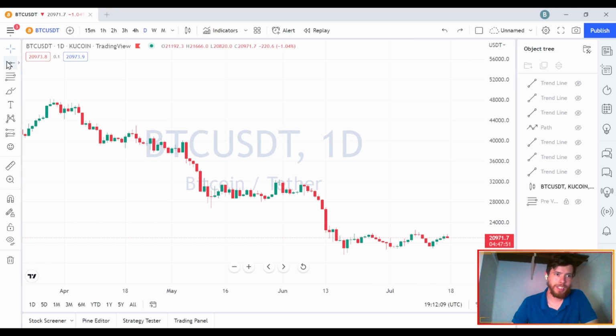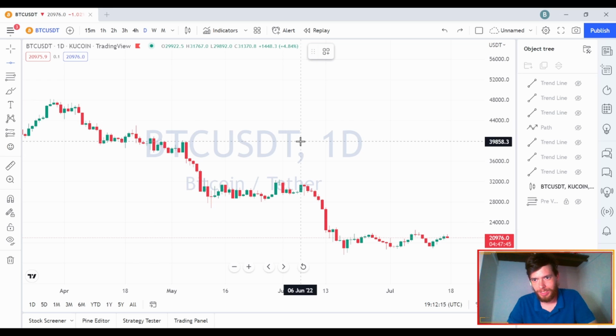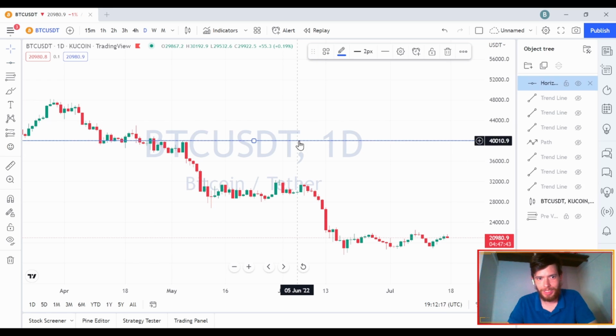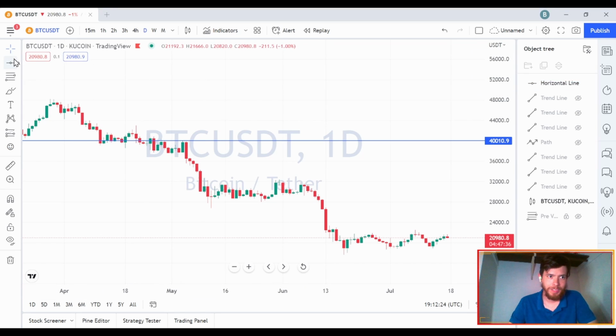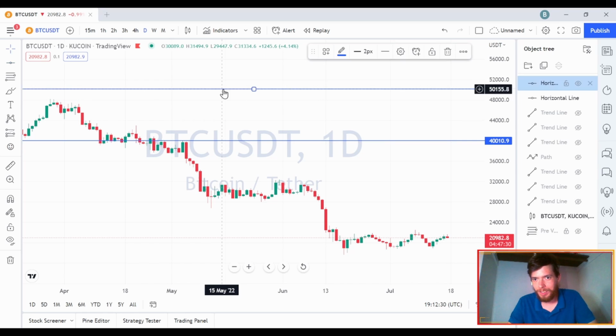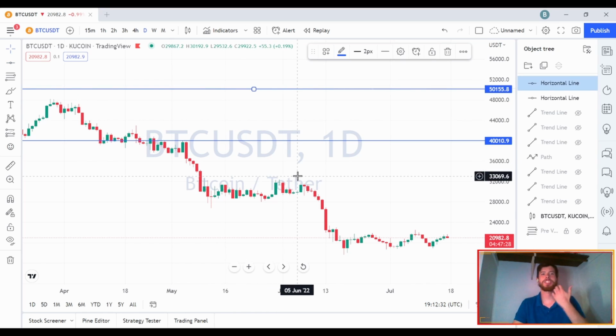Some major areas of support and resistance can also be psychological levels, like 40,000 here, and we'll go 50,000. The reason that these areas of support and resistance are created is they're more of a psychological area of support and resistance.